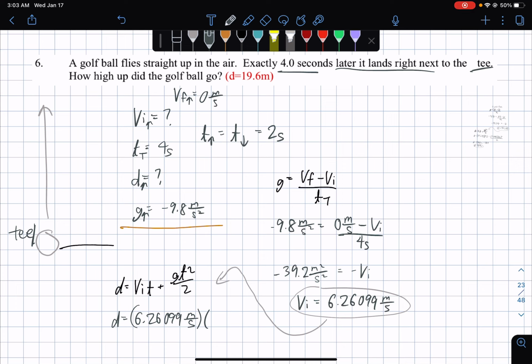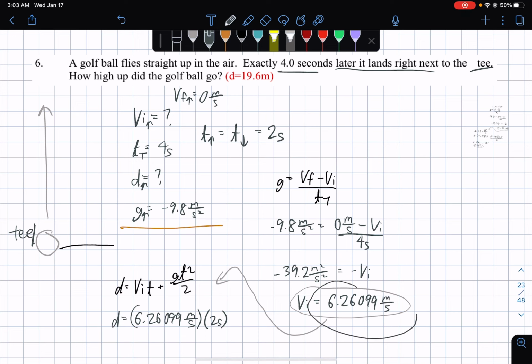What is the time? We're only looking for the distance going up, not the total distance. So I'm thinking we should use the time as 2 seconds instead of 4.